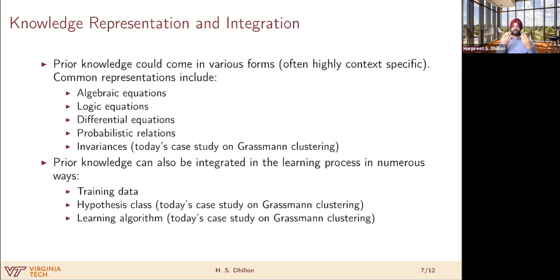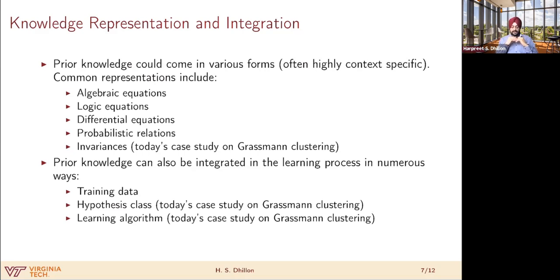It could impact your training data, as we'll discuss. It could impact the choice of your hypothesis class. We're going to discuss that a little bit now and in a lot more detail in lecture 6. It could even impact the choice or design of your learning algorithm, and this will also be partly covered in lecture 6.